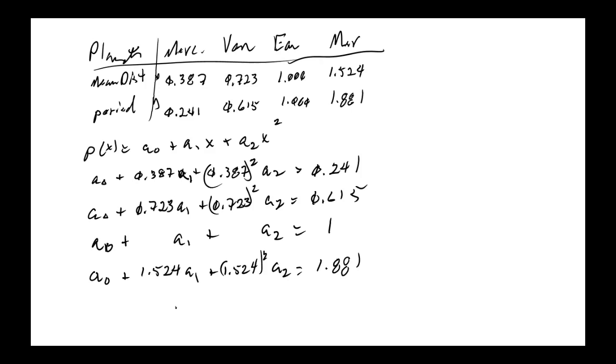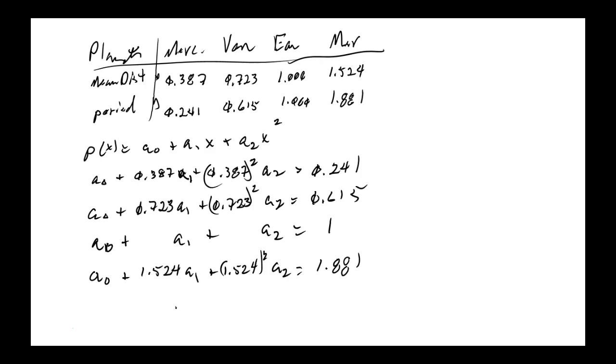Find the polynomial that relates the periods of the 3 planets that are closest to the Sun, that's Mercury, Venus, and Earth, to their mean distances from the Sun, as shown in the table. Then, to test the accuracy, fit that to Mars and see if it works. So they aren't doing a 4 by 4, they're doing a 3 by 3. They're forgetting about Mars, they're going to use that one to check it.